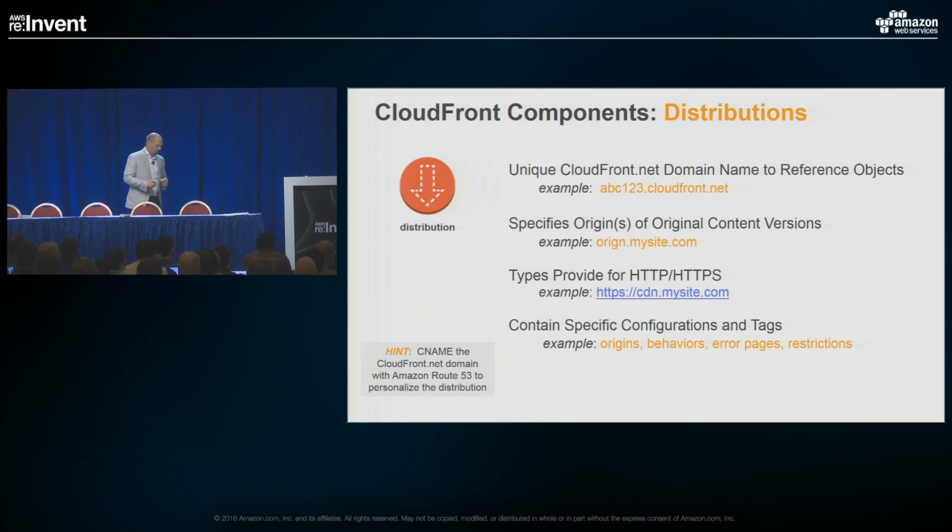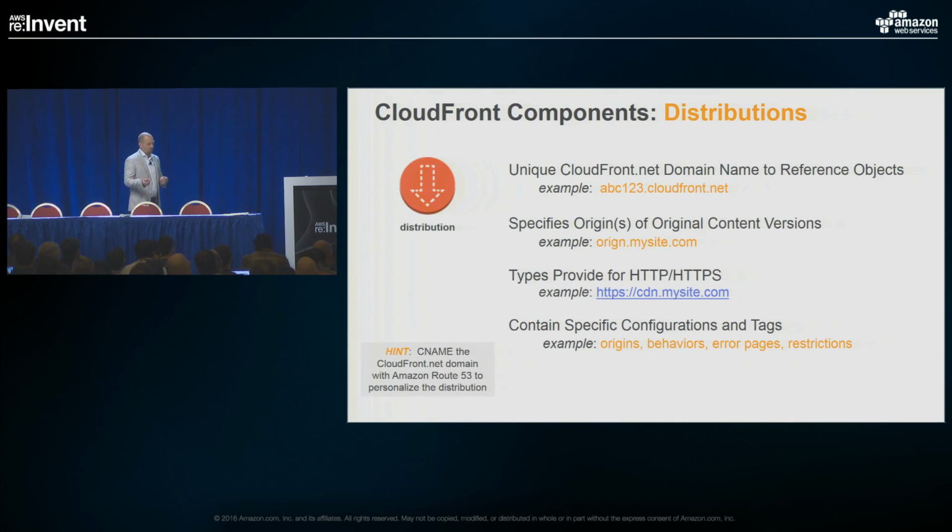Now, it's interesting to note, though, on a distribution that even though that domain name is assigned to you, you may want to use your own domain name, something like mysite.com or cdn.mysite.com. So a hint here would be to CNAME the CloudFront distribution domain so that when content is being requested from your end users, it's coming from a domain that you own. CloudFront distributions can have many, many CNAMEs.